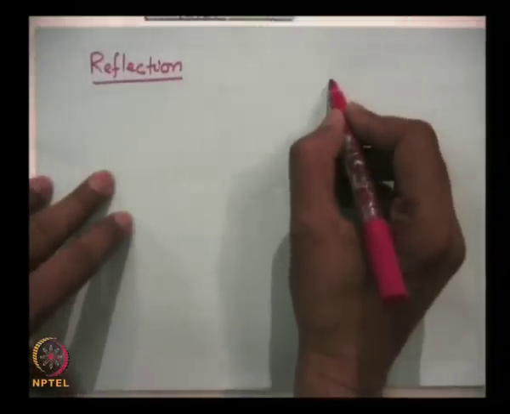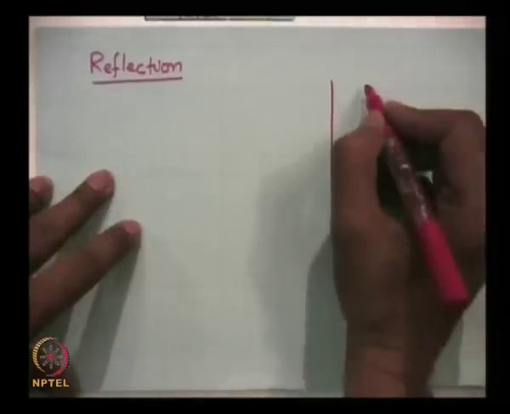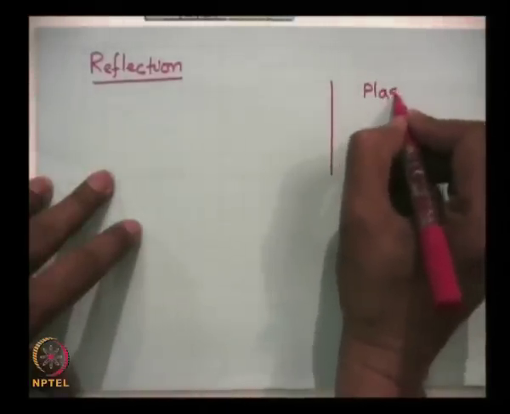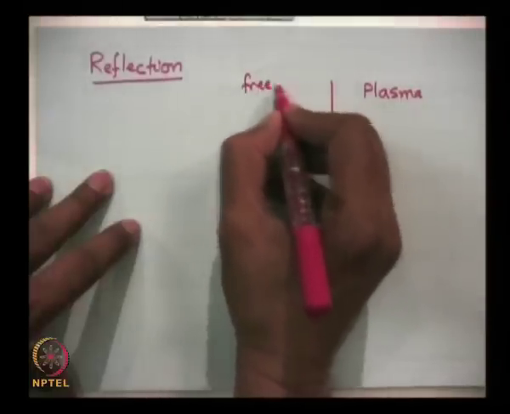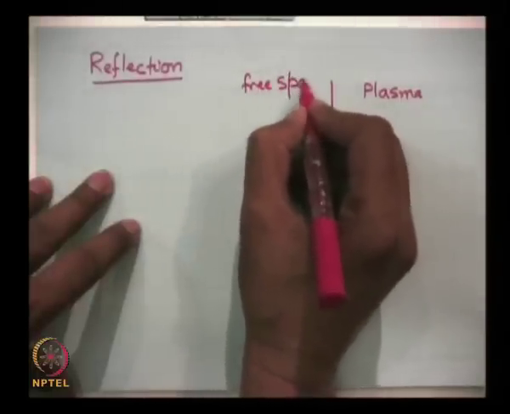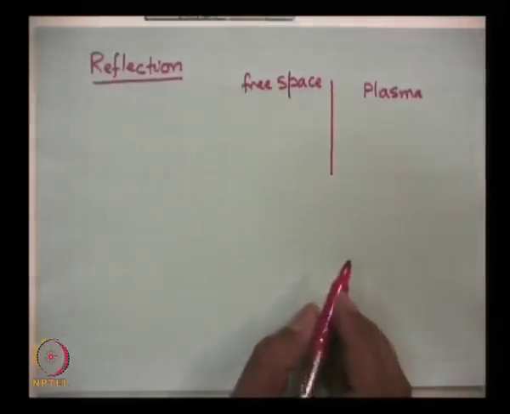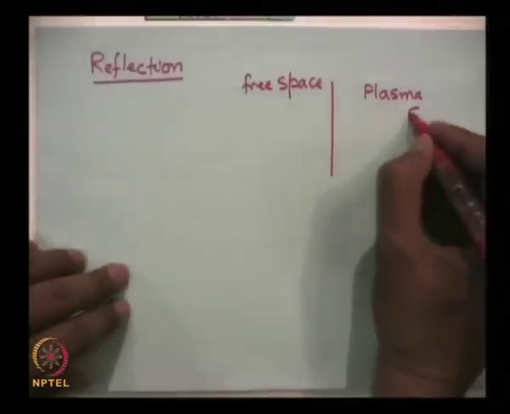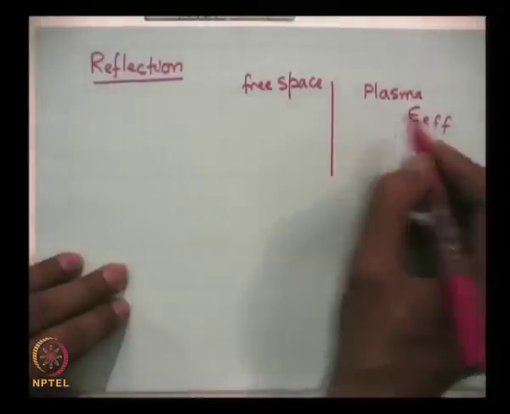Consider a boundary between a plasma here and free space there. Plasma is characterized by a single quantity called epsilon effective, and free space has permittivity equal to unity.